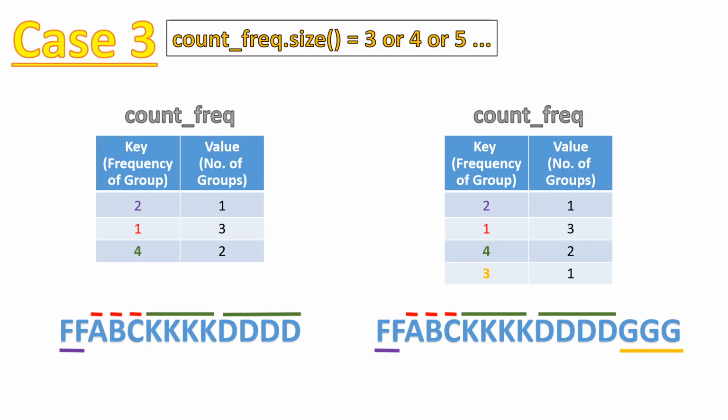Another obvious way to look at this condition is if we have different groups, the only way to convert all the groups into the same frequencies is removing elements from the higher groups. If we have a higher group like here, if we remove D, initially it was 4, but after removing one D, it will become 3 D's.